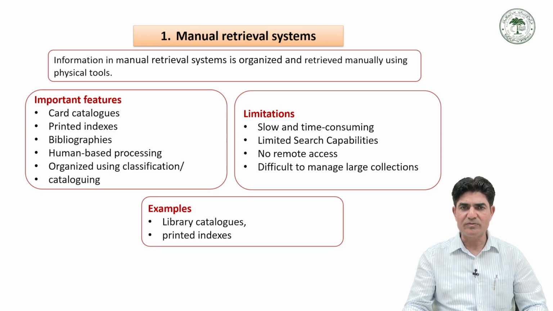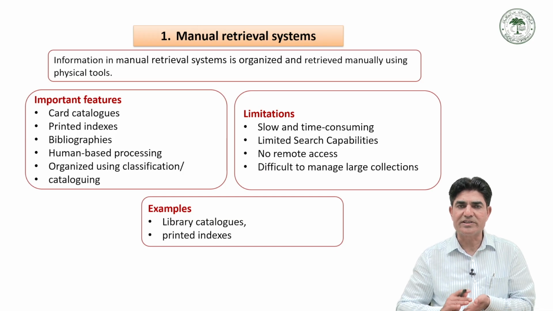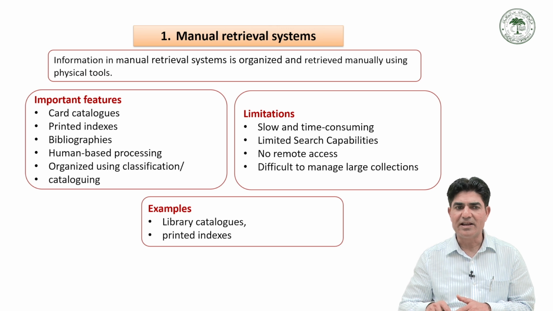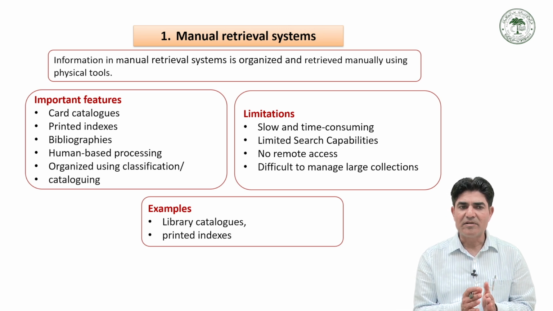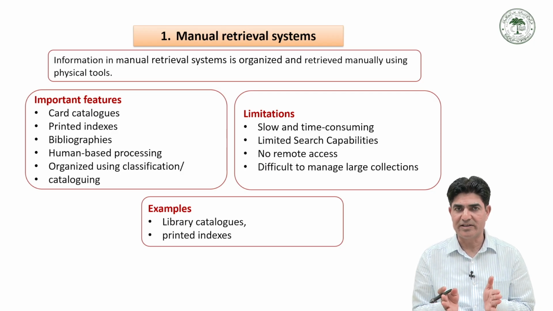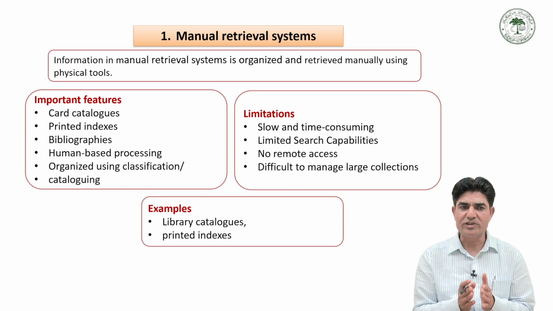The important features of this kind of system are the card catalog, printed indexes, and bibliographies, and all technical processing like acquisition, organization, and indexing is done by human indexers and catalogers. So it is human-based processing, and they use classification and cataloging as a tool for the organization of information sources.